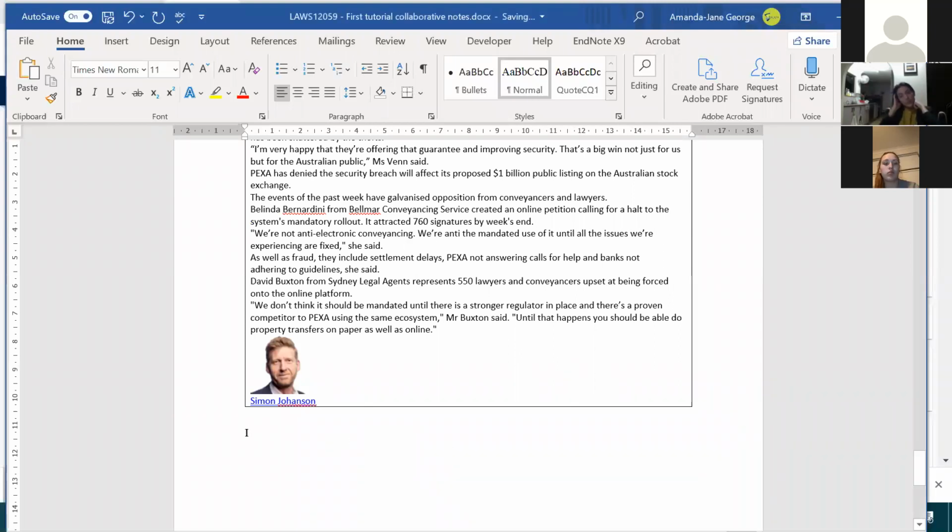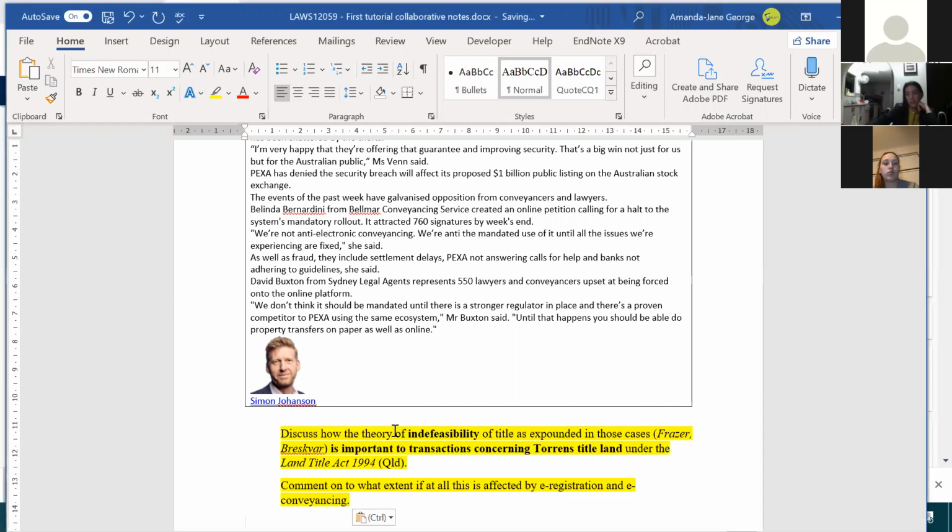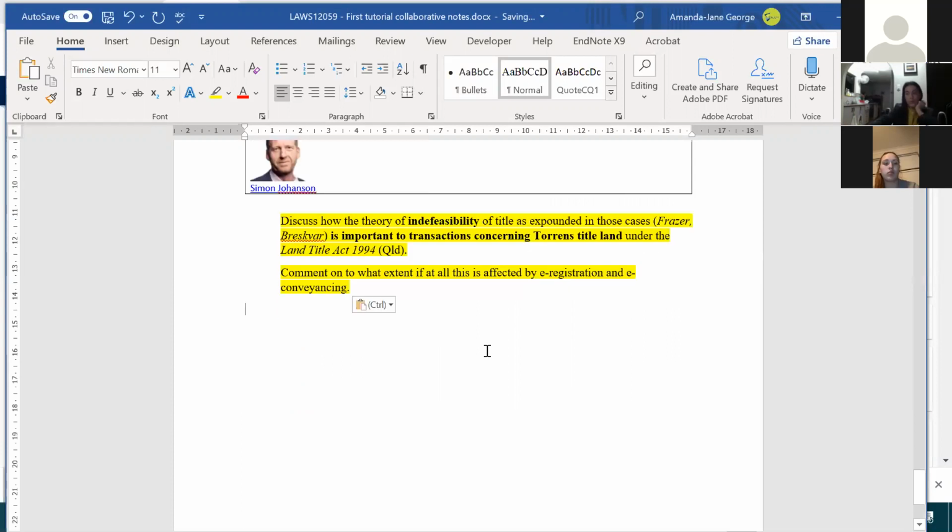Because the question is, discuss how the theory of indefeasibility of title, as expounded in Fraser and Breskvar, is important to transactions concerning title land, and then comment on to what extent, if at all, this is affected by e-registration and e-conveyancing. So tell me a little brief recap.